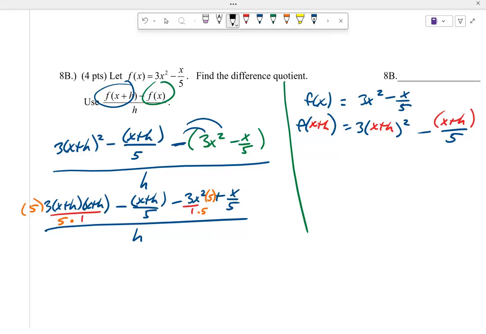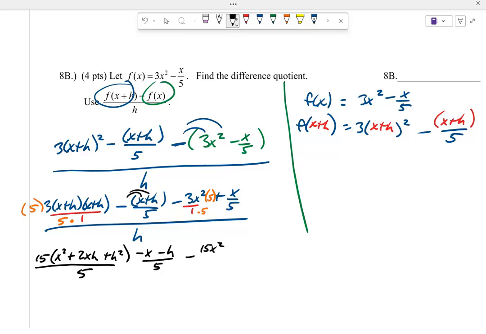So we've got 15 times x plus h, x plus h. That'll give me x squared plus xh plus hx, so 2xh plus h squared. That's expanded x plus h, x plus h. Minus x, minus h. These are all over 5.